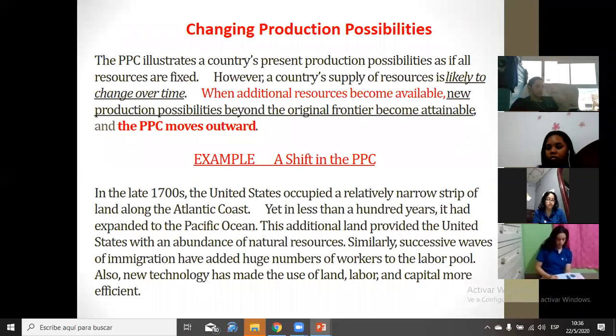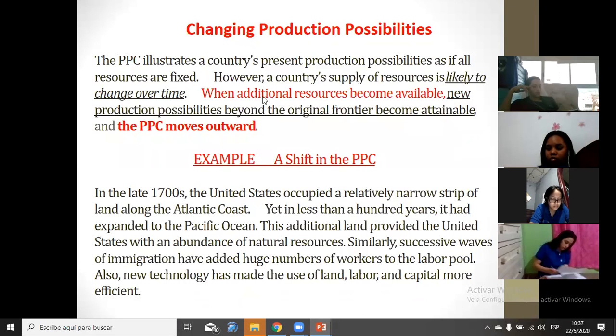I want to go to this section now. Changing production possibility. The PPC illustrates a country's present production possibility as if all resources are fixed. However, a country's supply of resources is likely to change over time. When additional resources become available, new production possibilities beyond the original frontier become attainable.